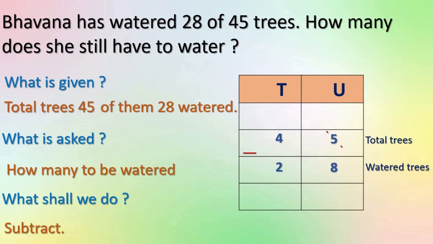So, it borrows from 4. 4 becomes 3 and 5 becomes 15. Now 15 minus 8 is equal to how much? Yes, 7. Very good. Now 3 minus 2 is equal to 1. So 17 trees remain to water. Means trees to be watered are 17.